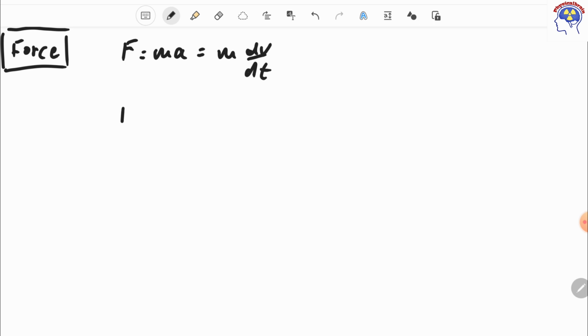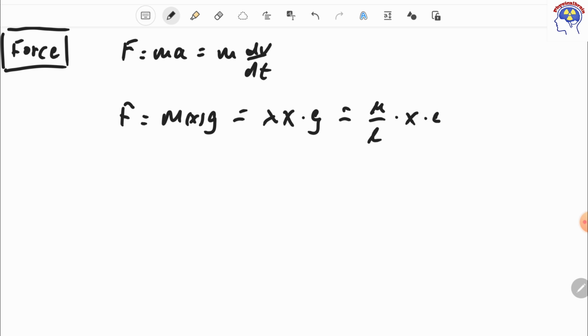We can say F equals m_x times g. And we already know that m_x can be replaced with lambda x. So I write here lambda x times g. Let's put the constants of lambda. It's m/L times x times g.